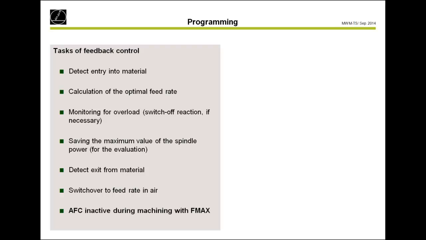So when we now know, okay, our P-ref was 53%, then we know, okay, for the next machining we can use this also. We can also switch over to a higher feed rate in the air. That's important when I have some movements not in the material. And AFC is automatically inactive during Fmax, so maximum feed rate programming.